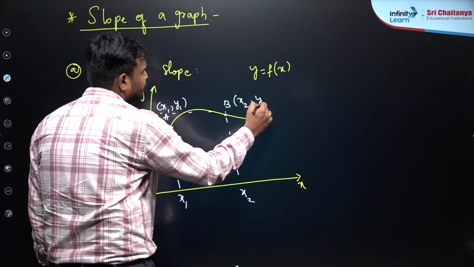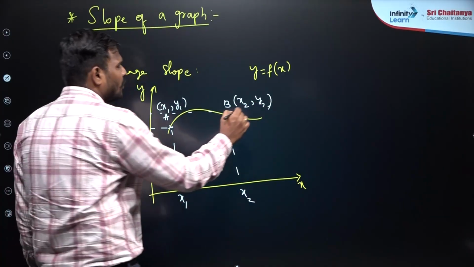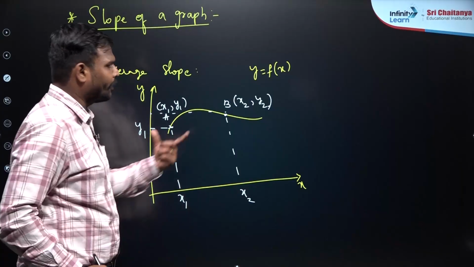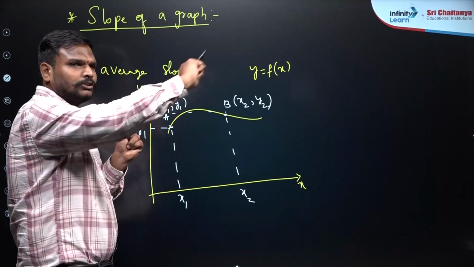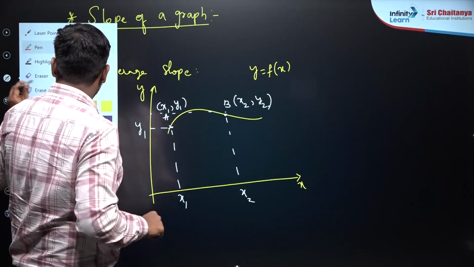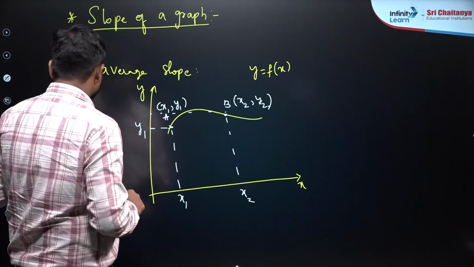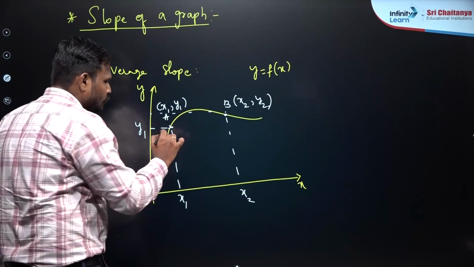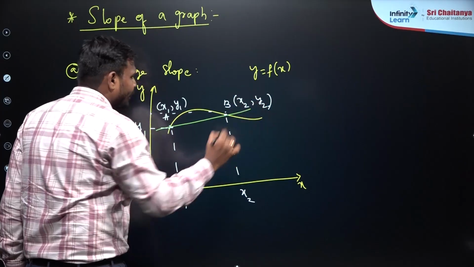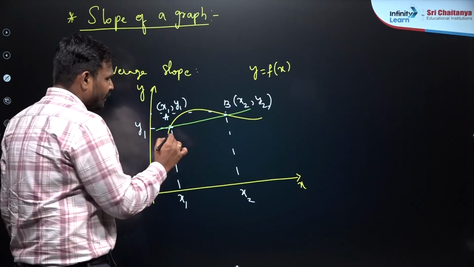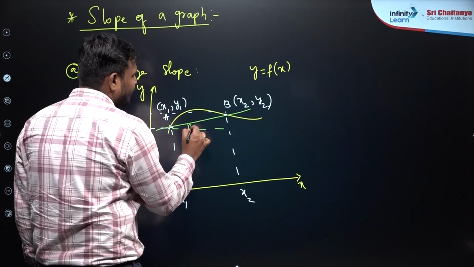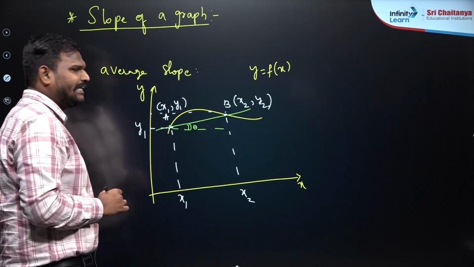Two different points. Now we want to find out slope of this particular points. Between these 2 points, what is the slope? So in very simple language, slope is nothing but the amount of inclination, sir. So we will draw a line joining the 2 points, correct? And with the horizontal, how much angle it is taking, let us say theta.